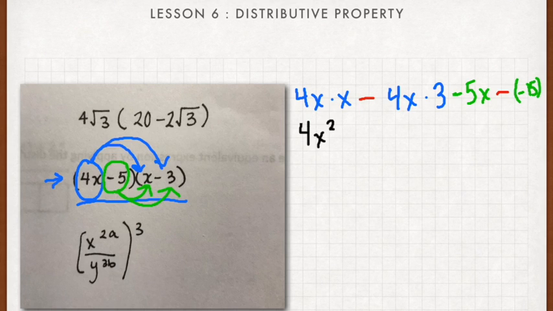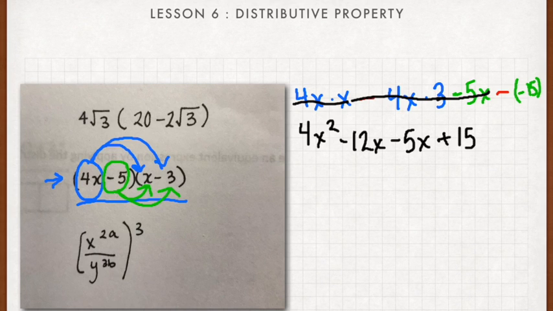We have 4x squared here minus 12x minus 5x. I'm going to cross this out as I'm going. And then that's going to give me a plus 15. Now there is some combining that I can do to further simplify this.